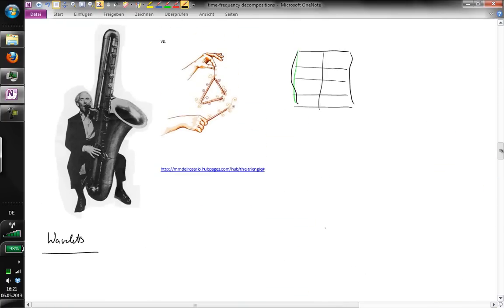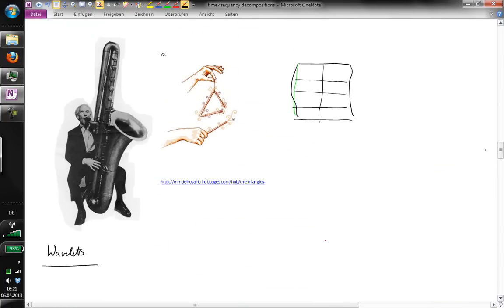The motivation is these instruments here: I want to localize high frequencies in time, and I want to characterize low tones more in terms of their precise frequency than in terms of their precise onset.